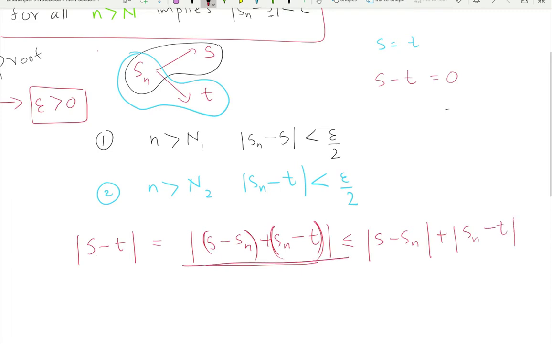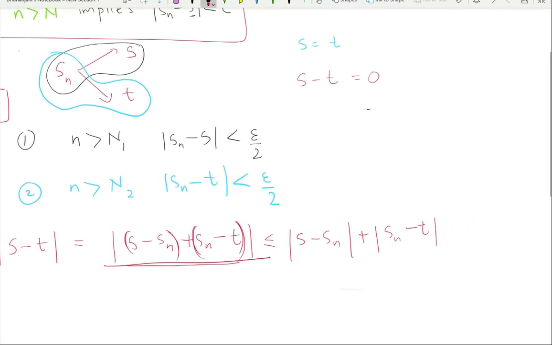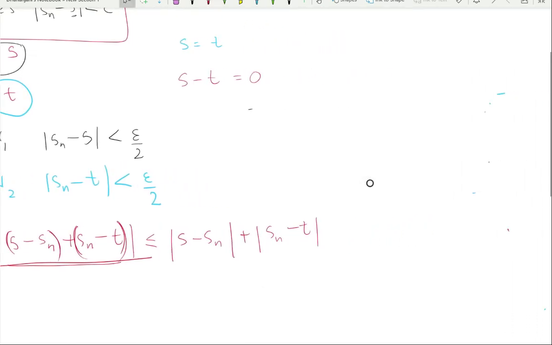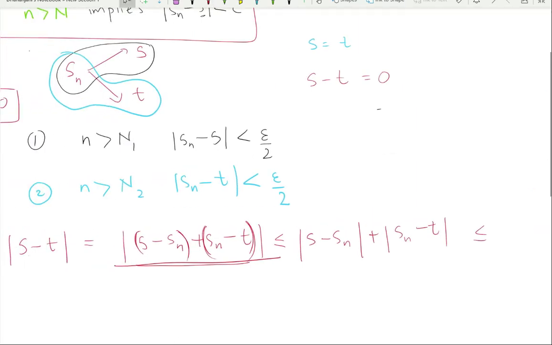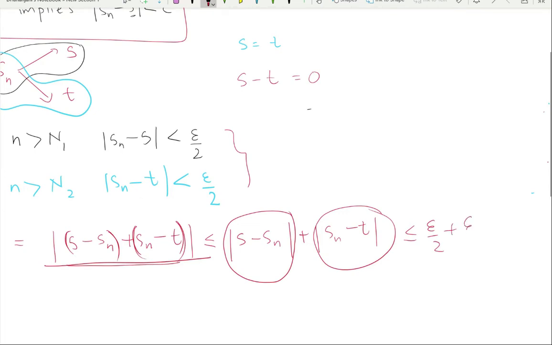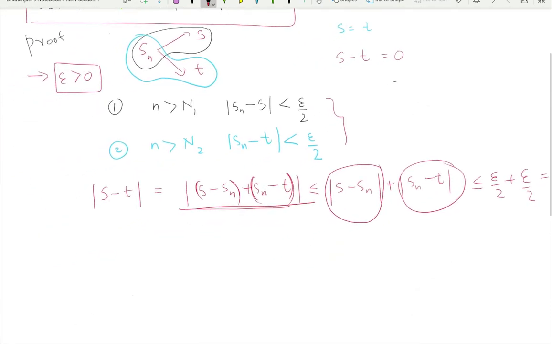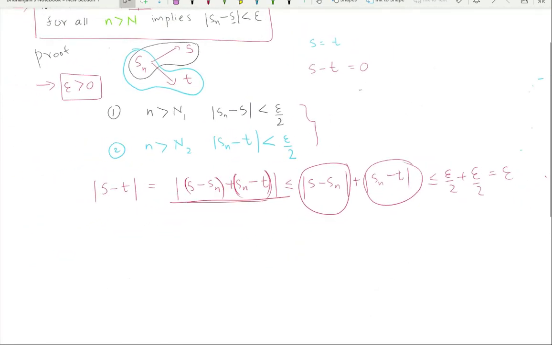Now we know one thing for sure: because of using fact 1 and fact 2, this is less than epsilon over 2, and this is less than epsilon over 2. So that's plus epsilon over 2. Now you can see why we took epsilon over 2, because when we add, what we get is epsilon.